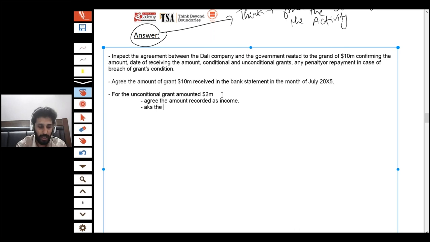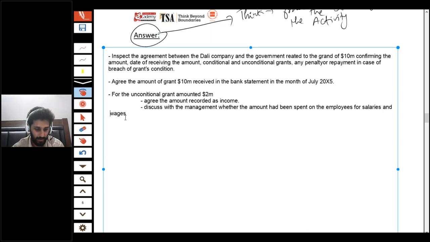So you should first ask the management, or the more formal word is discuss with the management whether the amount had been spent on the employees for salaries and wages, and also review, because when you ask the management, the management would surely say yes, and you need to rely on the oral evidence, not at all.